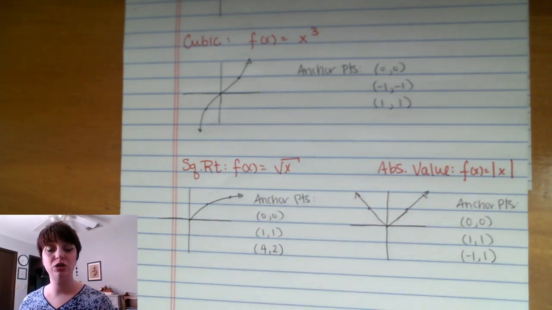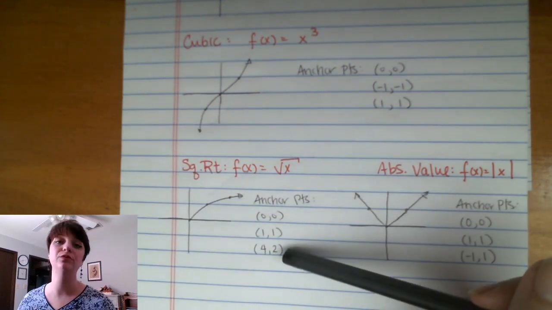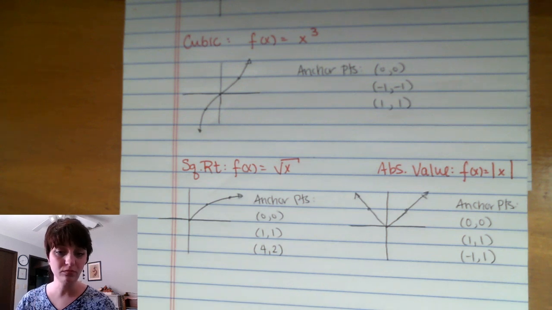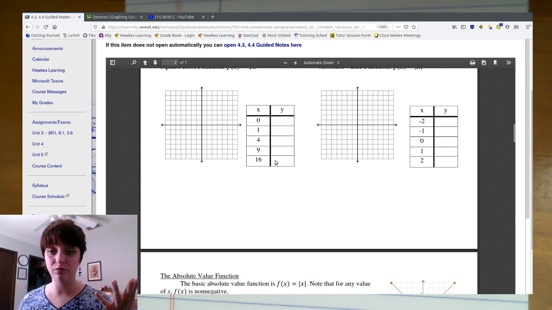Of the integers, I have 0, 1, 2, 3, and then 4. Only 4 is an actual perfect square. So I'm going to skip out to 4. That way, when I take the square root, I get an integer. Now, in the Hawks, they give you 0, 1, 4, 9, 16. I think it's unnecessary to worry about the 9 and 16. 3 points is sufficient, and then knowing the overall shape.